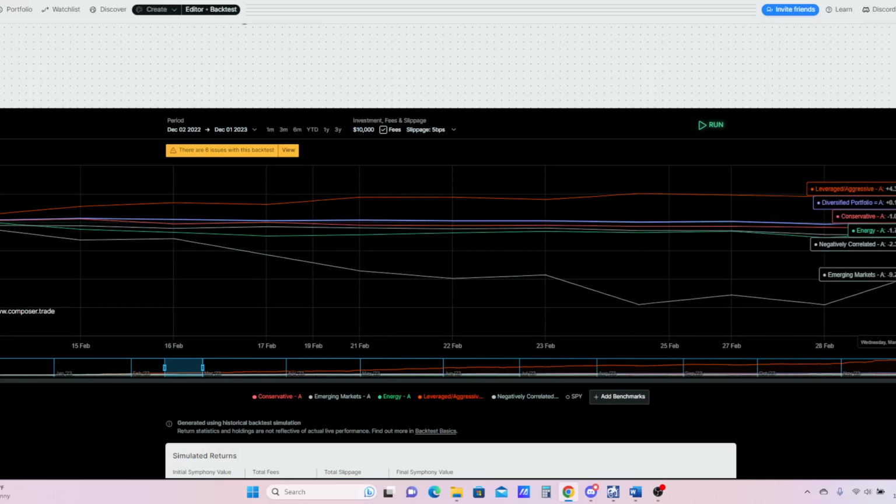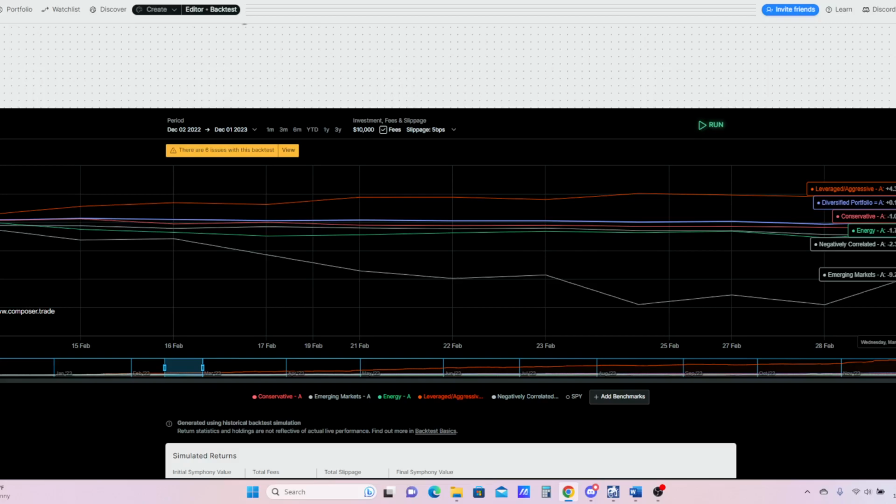So up 0.1, you got a few that are negative, but just that one group of the leveraged and aggressive being up 4% basically negates all of these ones being negative, and the account was positive over, is this about a month? A little bit less than a month. Actually, it's like 2 weeks.